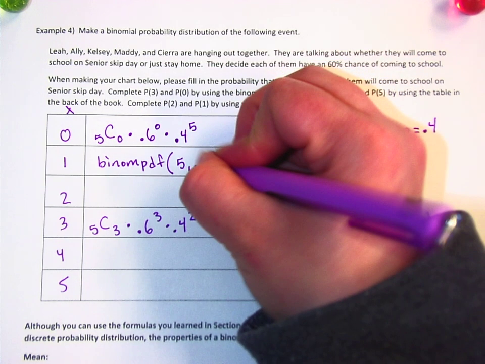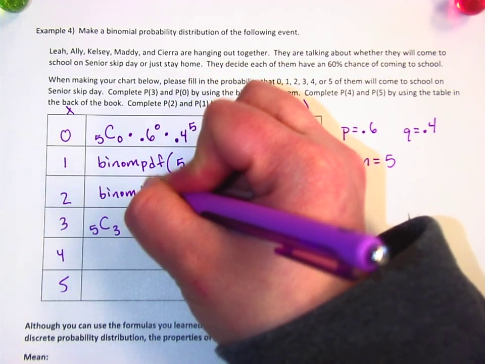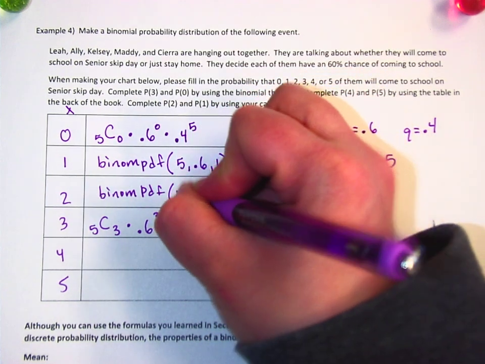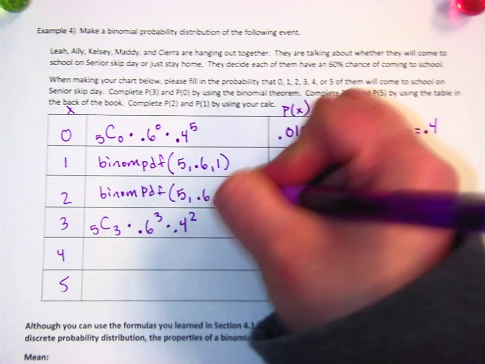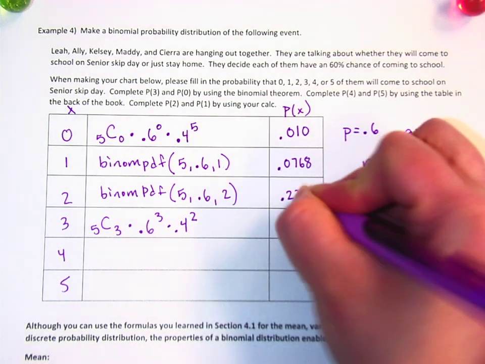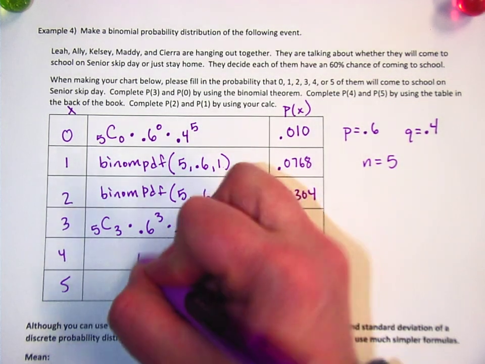Then 0.2304, and then using the table on A8.